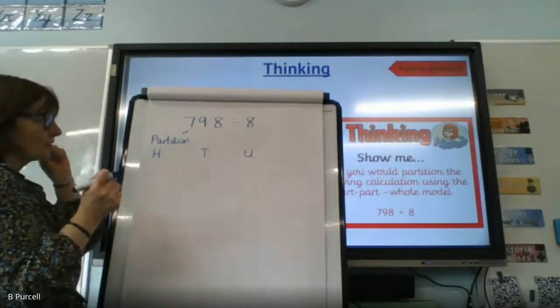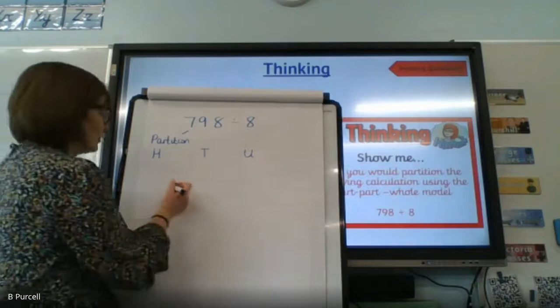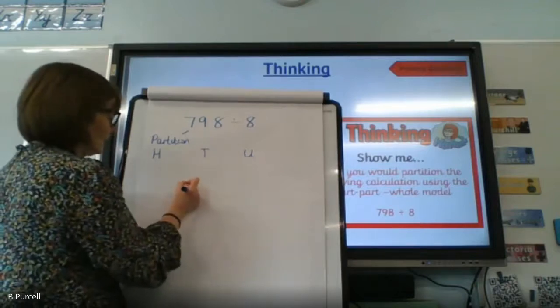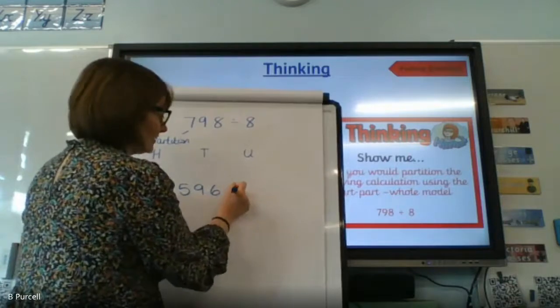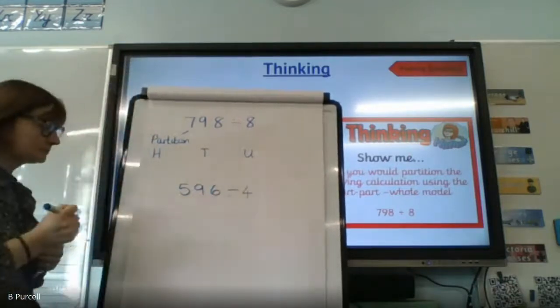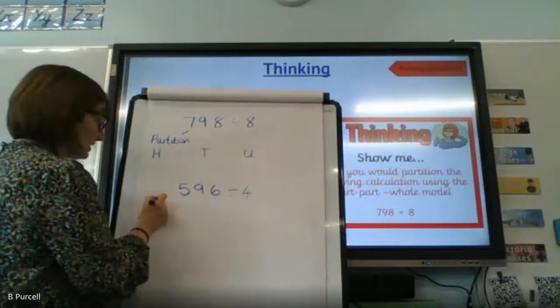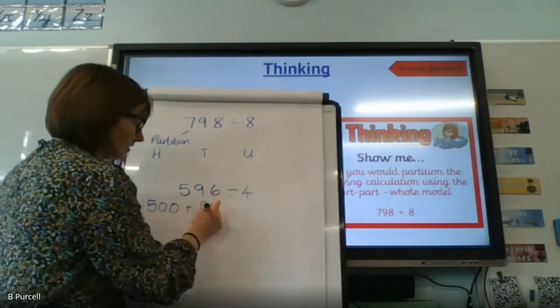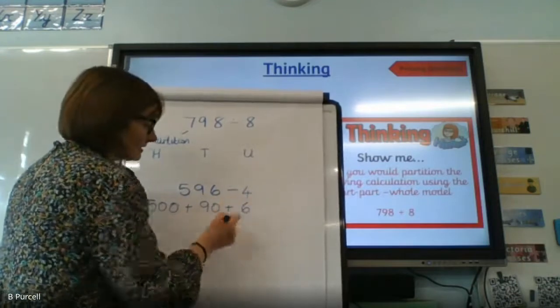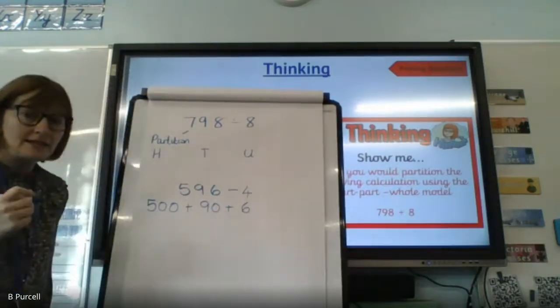Okay, so I'll do an example for you. For example, if I had 596 divided by 4, 596 partitioned is 500, add 90, add 6. Okay, so that's how you partition.